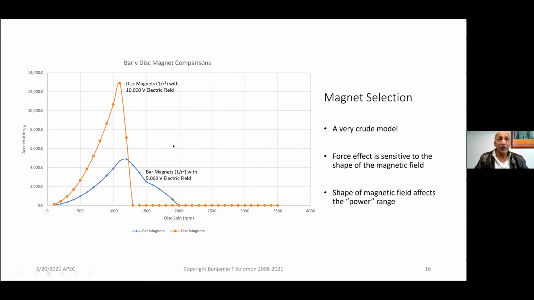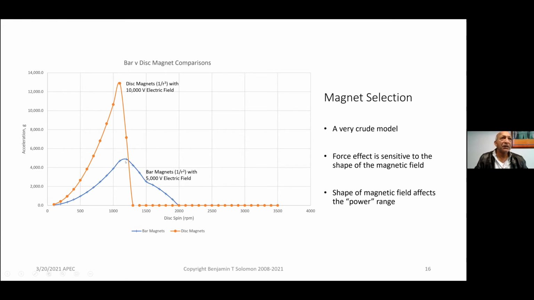And what we see, to my surprise, when I showed this at the meetup group, I had just slapped the two graphs on each other, and I had not noticed this effect because I was busy trying to do things quickly. For this presentation, I put them all on the same graph, and something very clearly noticeable comes up: the disc magnet gives a much higher effect than a bar magnet, and it's due to this r squared versus r cubed.